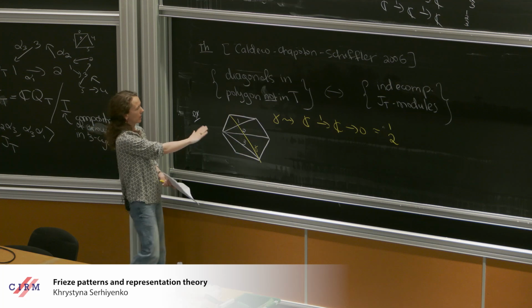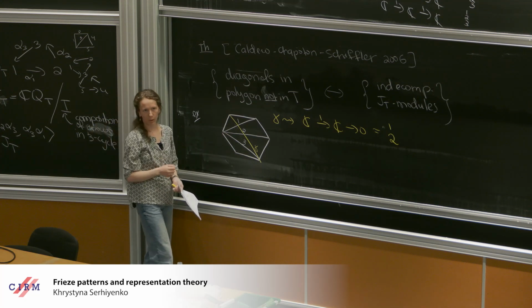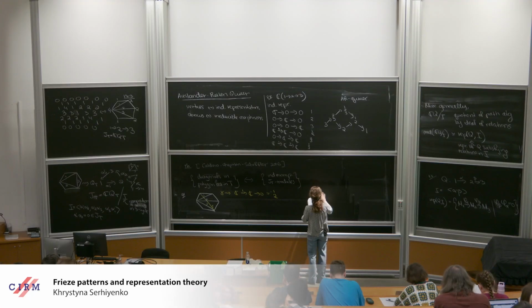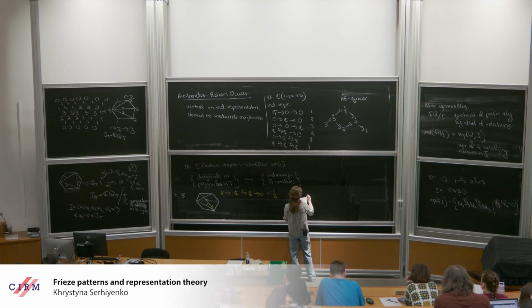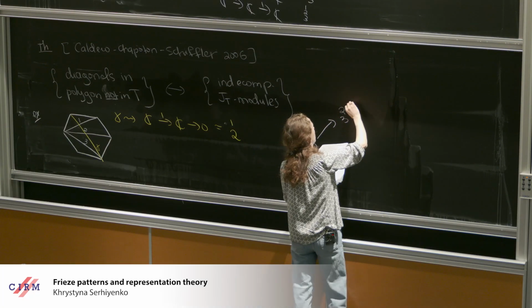Because it crosses the arcs 1 and 2, your dimensions will be 1 and 2, and you just put them together. Any arc that I draw here which is not part of T is going to give me an indecomposable representation. Let me do a nice picture now. I'm going to redraw my quiver again.